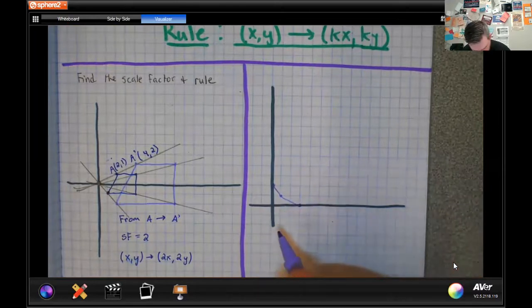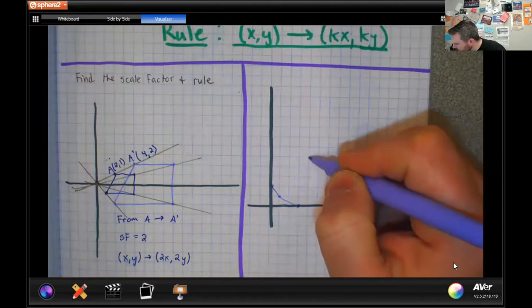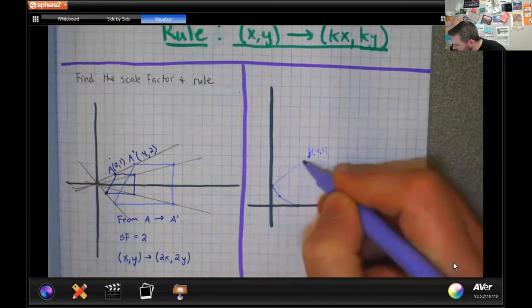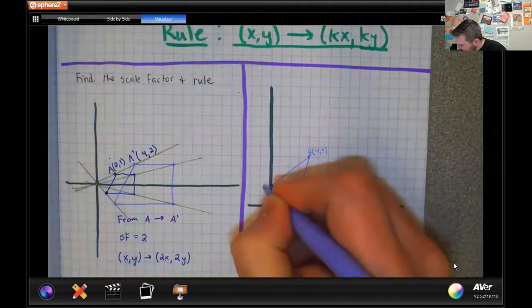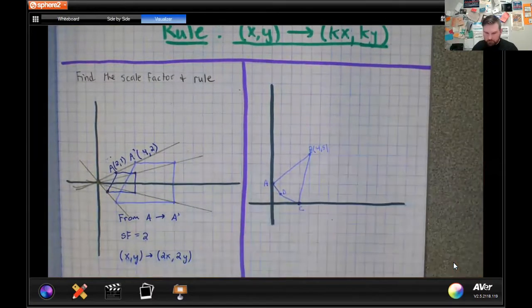So this is point B, and it's at 4, 5. This is A, D, C, and we have another shape on here.